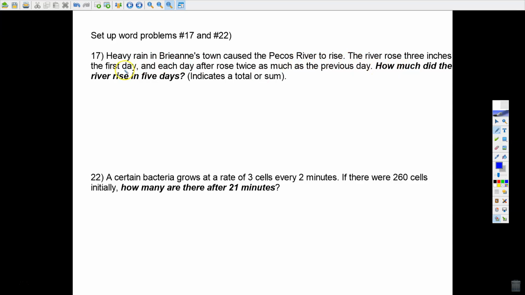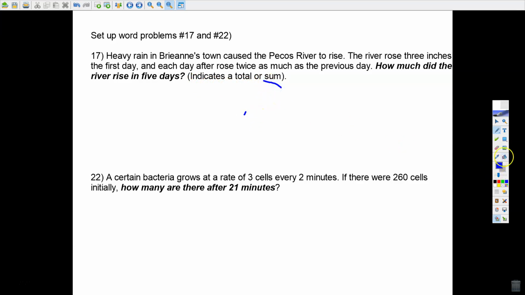It rose 3 inches the first day, that's our initial value, and then each day after that it rose twice as much as the previous day. So the question to be answered is, how much did the river rise in 5 days? Notice, it did not say how much did the river rise on the 5th day. It wants to know across the 5 days, what is the total amount that the river rose?